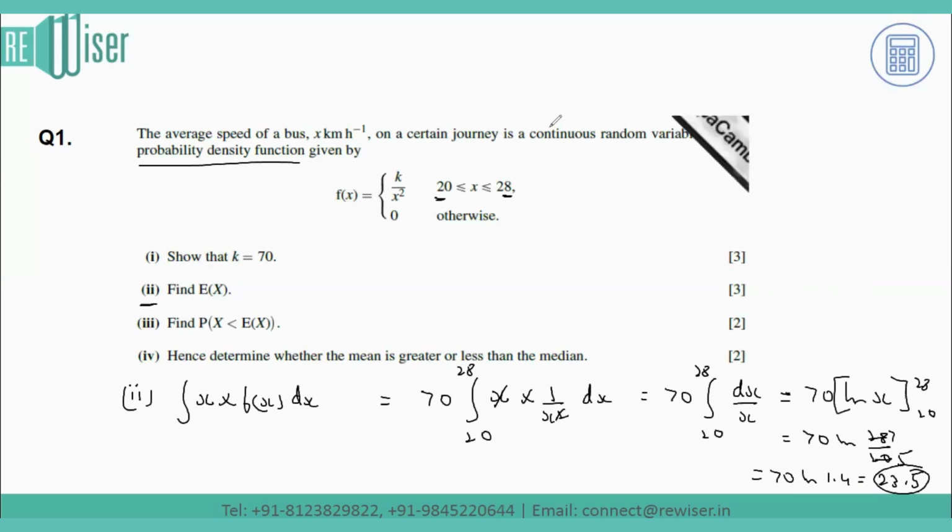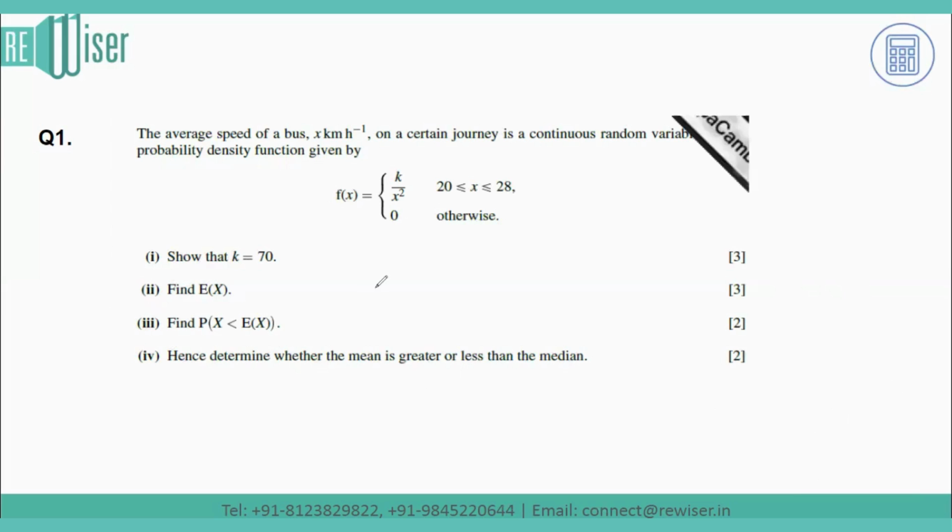Now, moving on to the third part of the question, it says find the probability of x less than E(X). So the third part asks for the probability of the random variable x being less than the expected value. In the last part, we calculated the expected value as 23.5.